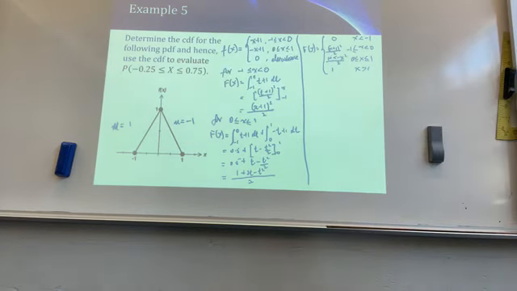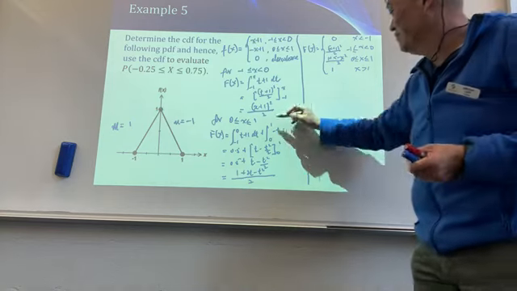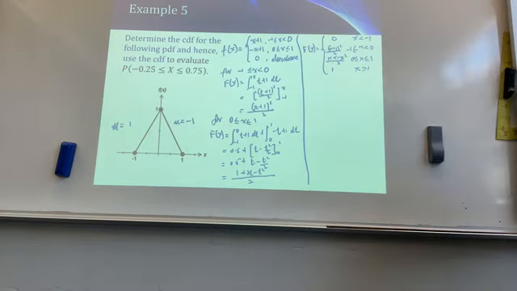Hang on. Let me think about it. Because then that would just be a number. It'd be equal to 1, right? That's right. So that should be x. That's correct. Yep, my fault.